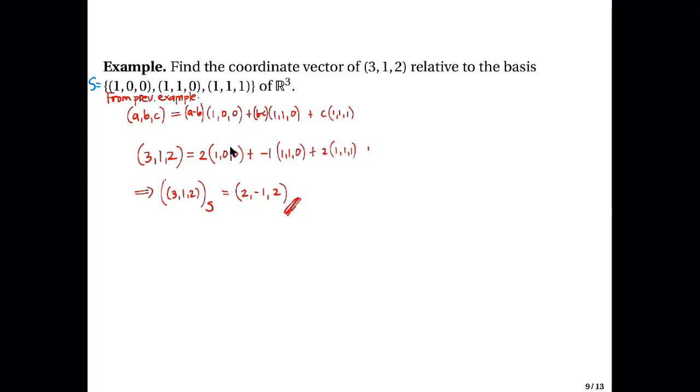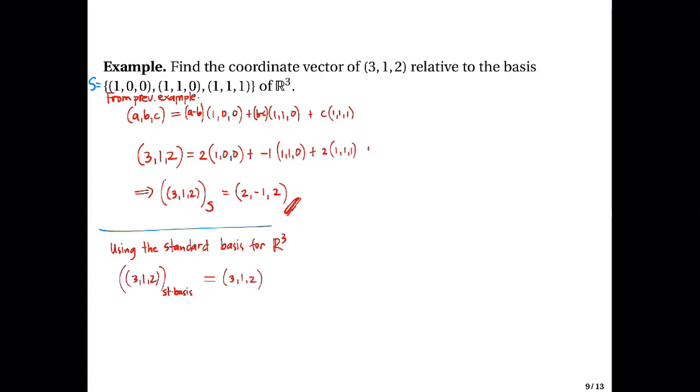Using the standard basis for R3, the coordinates of 3, 1, 2 are still 3, 1, 2, because that is our standard.